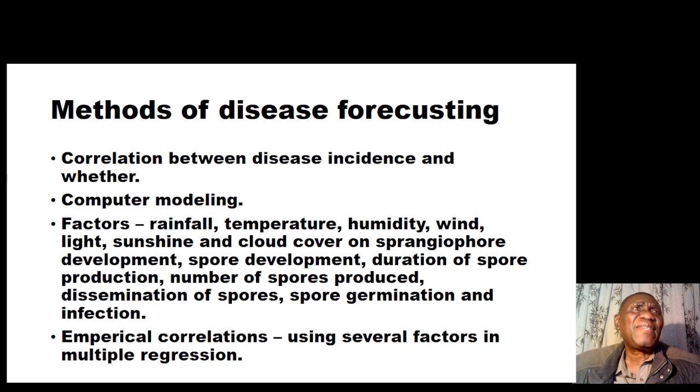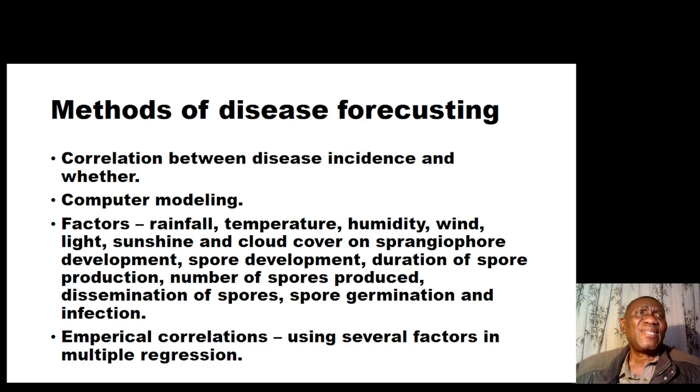Now, just briefly looking at the methods of disease forecasting, there's correlation between disease incidence and weather. So if we know some information about weather, we can predict, and we can now use computer modeling to facilitate this prediction.